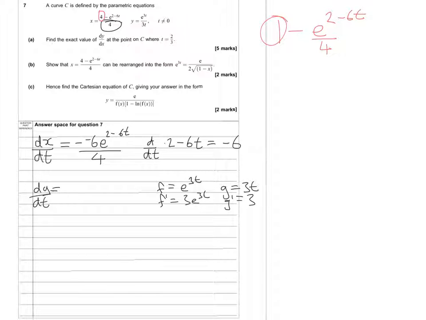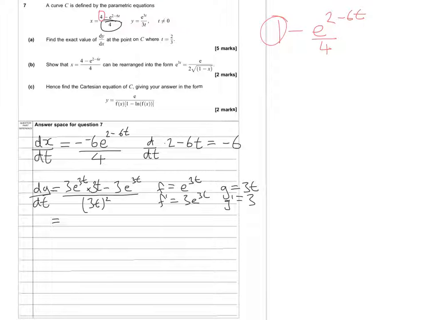Okay, so f dash g, 3e to the 3t times 3t, minus f g dashed, 3e to the 3t, over g squared, 3t squared.